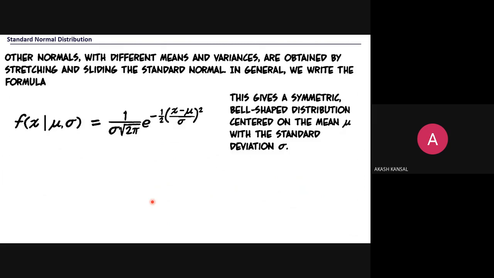Now the other normal distributions which exist in nature or around us have a mean and a different variance. For a standard normal distribution, we know that the mean is 0 and the standard deviation is 1. So if we have some other curve or some other data where the mean and the variance are different, we can modify the formula for those distributions, and it becomes f(x given mu and sigma).